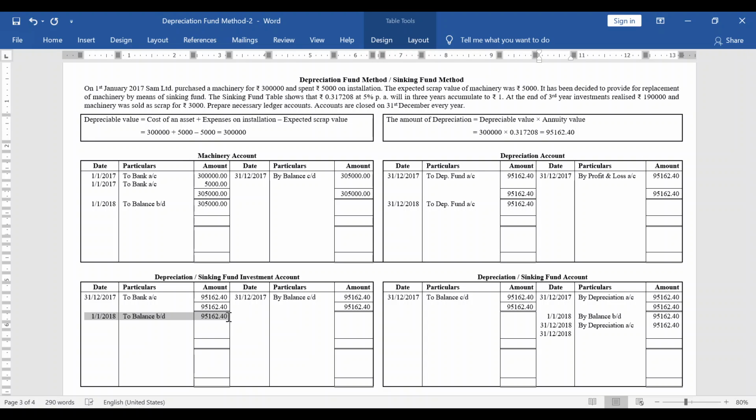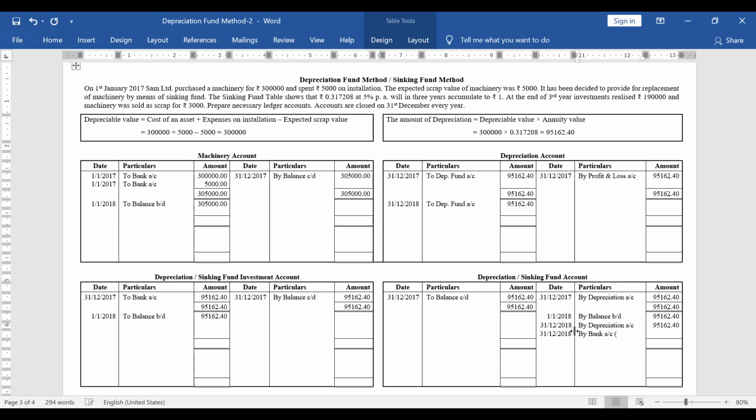So interest is received on 95,162.40 at a rate of 5% per annum, which comes to 4,758.12, and the entry for receipt of interest is bank account debit to depreciation fund account.